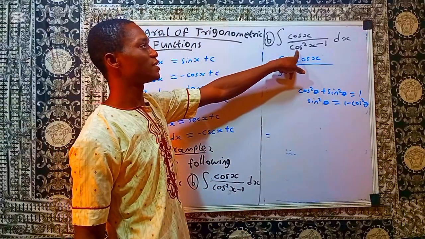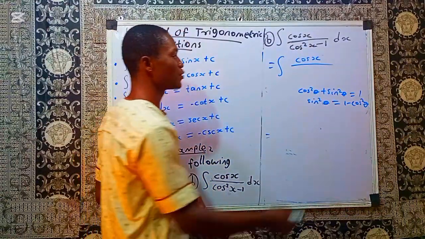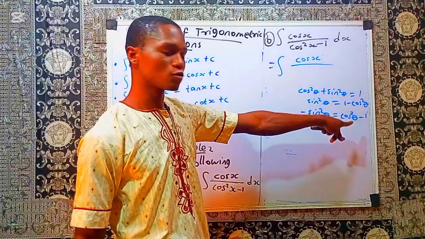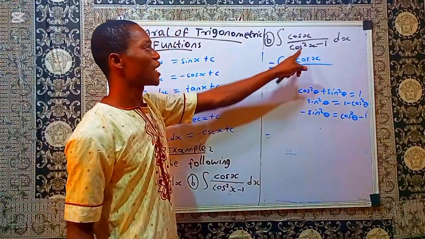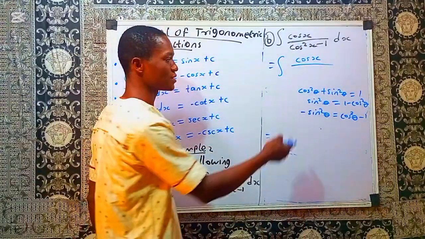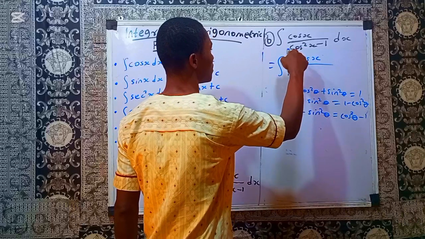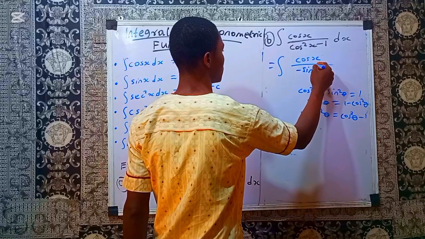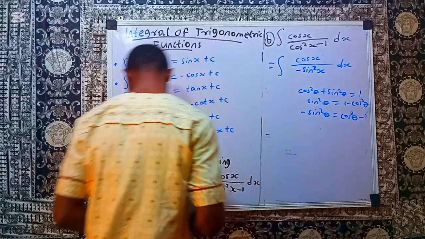But I want to relate it to this thing we have here, cos squared x minus 1. So if you multiply both sides by minus, we are going to have negative sine squared theta is equal to positive cosine squared theta minus 1. So I'm going to write this cosine squared x minus 1 to be the same thing as negative sine squared x. So this will be cosine squared x minus 1 is negative sine squared x dx.